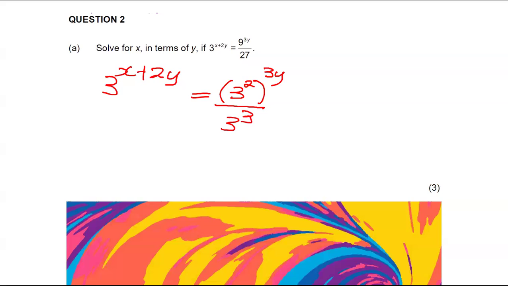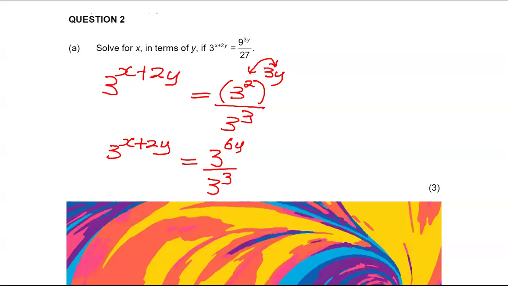Now, on the left-hand side, you will write this as 3 to the exponent of x plus 2y is equal to, break the bracket in the numerator by multiplying the exponents, all right? You will multiply 2 with 3y. 2 multiplied by 3y will simply give you 3 to the exponent of 6y, and this is divided by 3 to the exponent of 3.